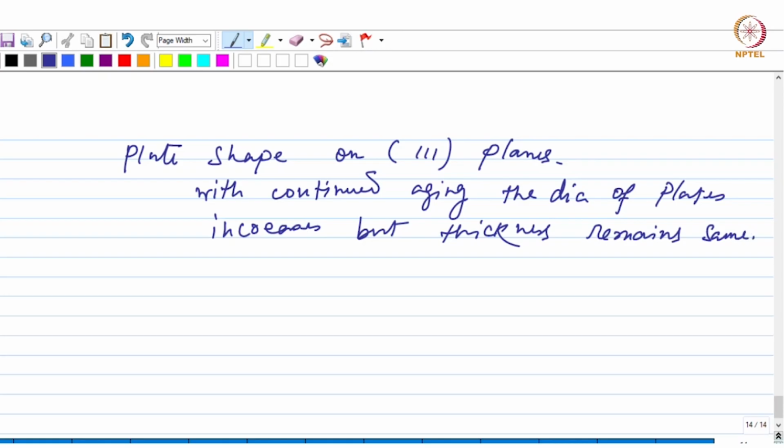Now let us look at the precipitate, that is eta prime. These are also plate shaped. It forms during high temperature aging.